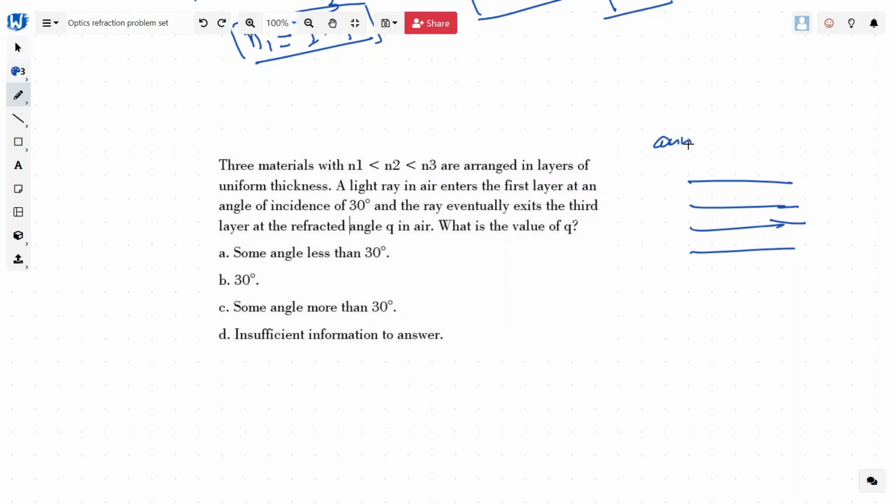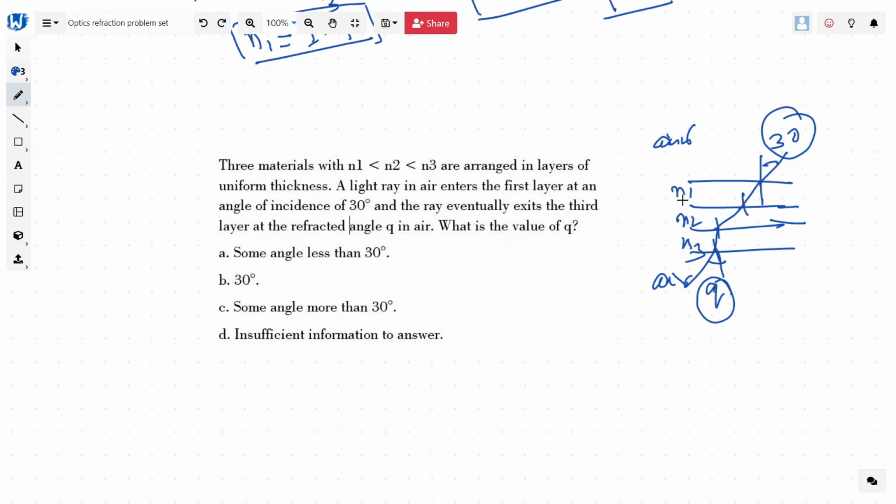We have this air here, this air here, and this is n1, n2 and n3. Our ray of light is entering here at an angle 30. Some refraction is happening, and finally it leaves at an angle q, and we want to know what q is.